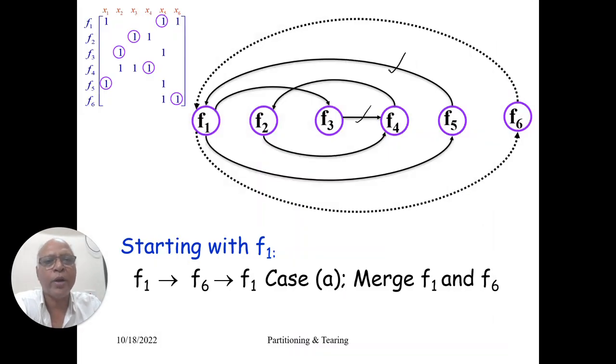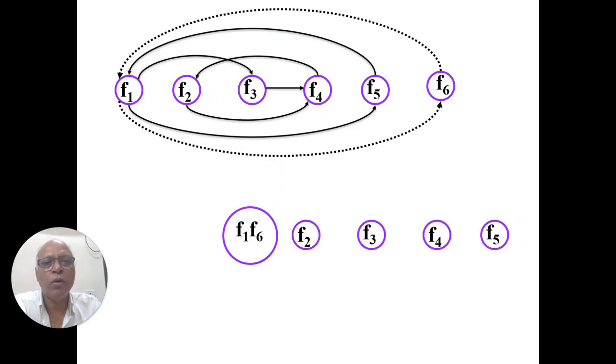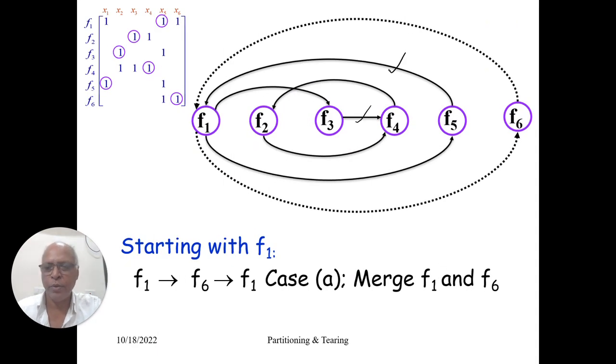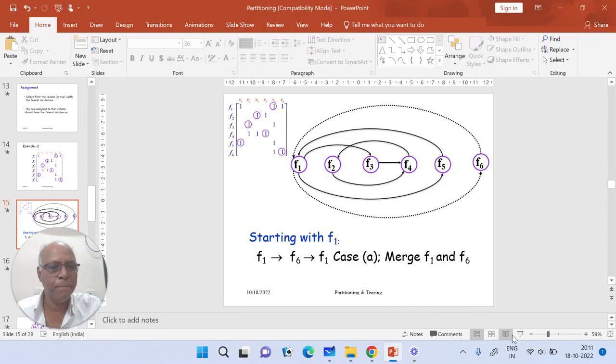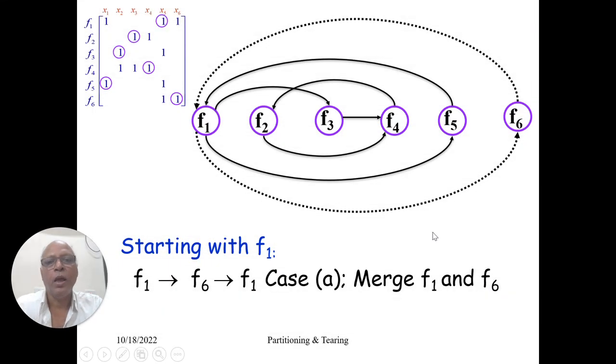So what I am trying to do, let me remove this. So now I am just putting it in the dotted line. I am starting with F1. You need not start with F1. Based on your convenience, you can start from any node of your choice.